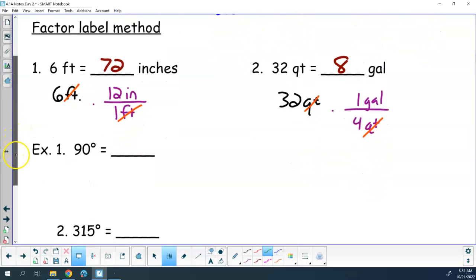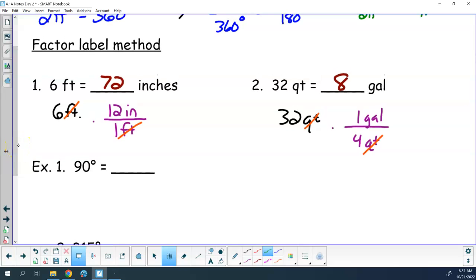So if I want to convert 90 degrees into radians, I would start with my 90 degrees. That's the label that I want to get rid of. So I am going to multiply by pi radians over 180 degrees. And the label that cancels out now is the degrees.